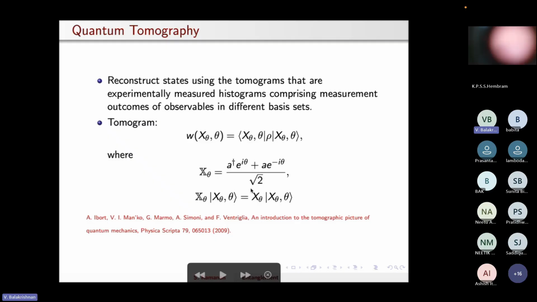So you just have two quadratures, which corresponds in the quadrature parlance to theta equal to 0 and theta equal to pi by 2 respectively. If I put theta equal to 0, x theta corresponds to x, and if I put theta equal to pi by 2, it corresponds to the momentum. That is just to make a connection with what is done in quantum tomography.